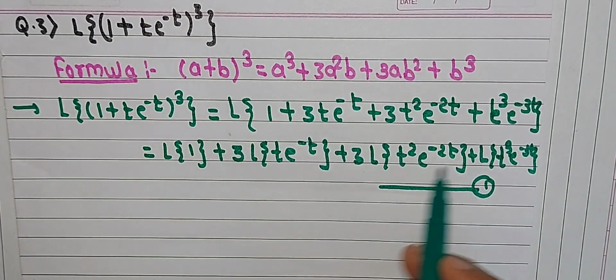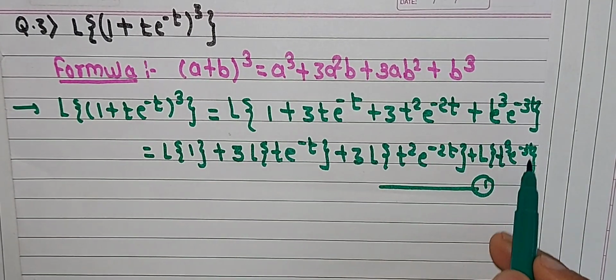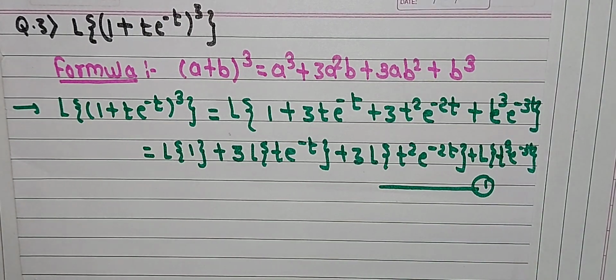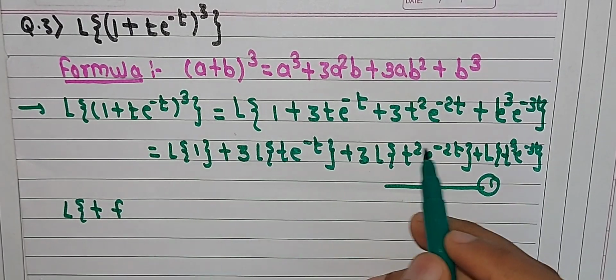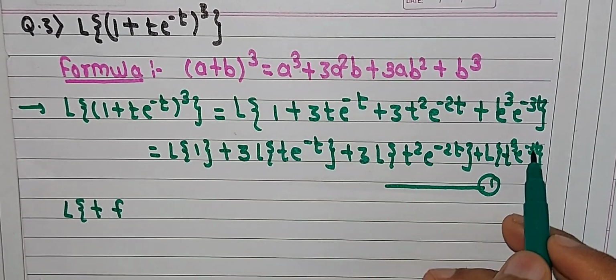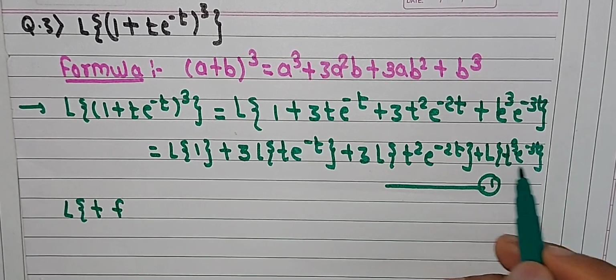Now we will solve each Laplace transformation with the help of Laplace property, that is multiplication of t. So firstly we will solve this part, similarly secondly we will solve this part, and lastly we will solve this part also.